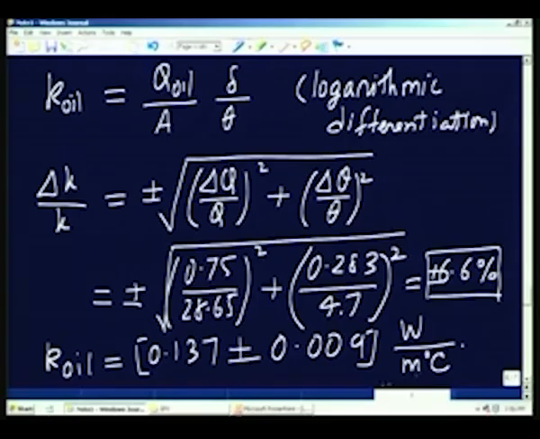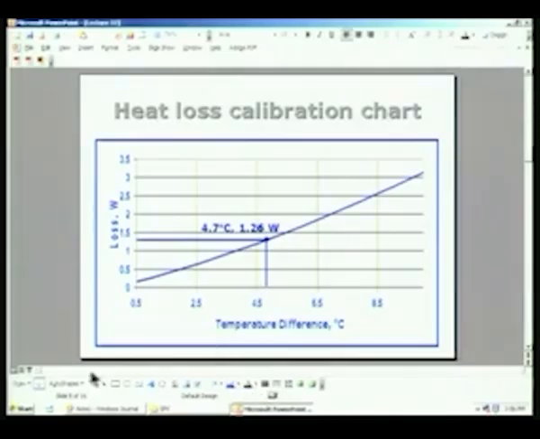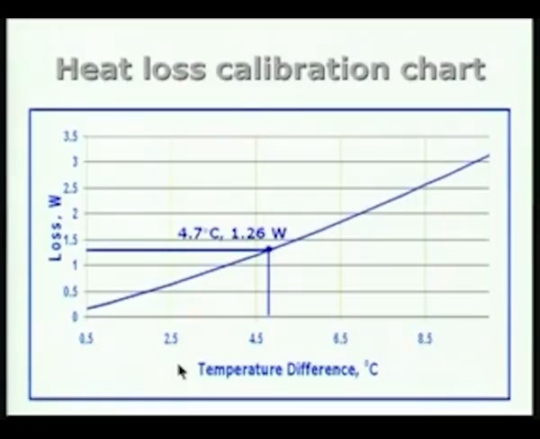Let us look at the loss term, which is given as a function of theta, and you can see that I have plotted the function loss versus theta, the cubic expression which was given, and in the specific problem we have considered the temperature difference is 4.7 and the corresponding value of the loss is 1.26.